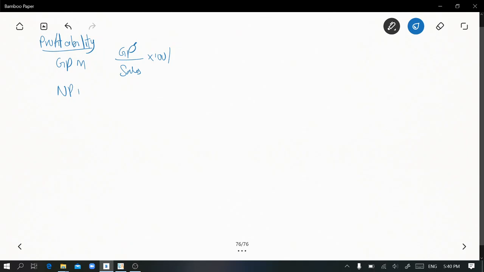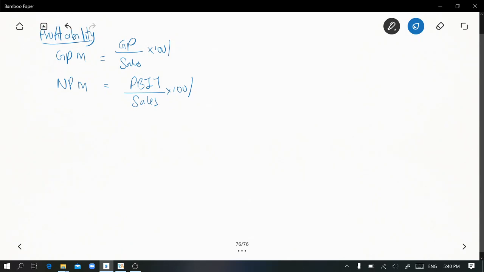Net profit margin means net profit over sales, which is profit before interest and tax divided by sales. So this is gross profit, this is profit before interest and tax. Both are profit, one is gross, one is net. Then we have our ROCE: PBIT divided by capital employed.